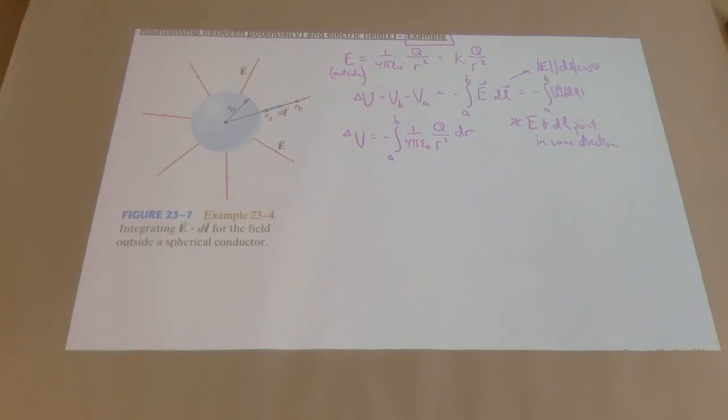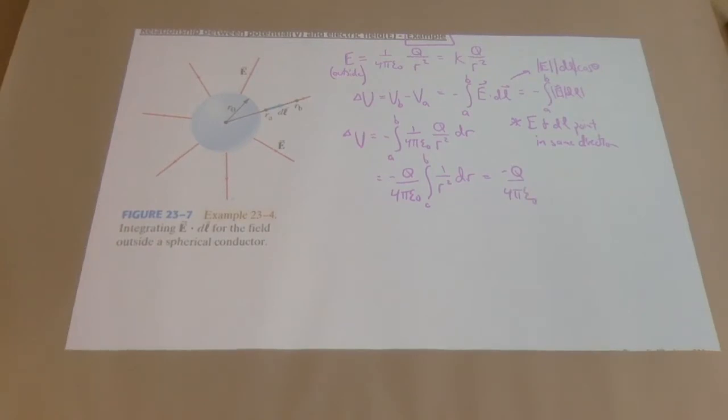Looking at that, the Q and the 4 pi epsilon naught are all constants, so I can pull those out of the integral. And now I've got minus Q over 4 pi epsilon naught times the integral from A to B of 1 over r squared dr. And that's an integral you should be able to do. So let's write that out again.